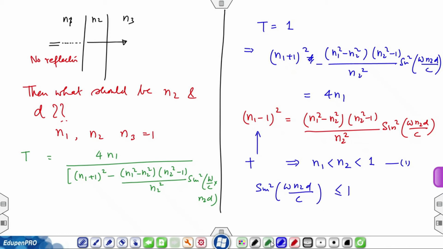And therefore, (n1² − n2²)(n2² − 1) divided by n2² should be greater than or equal to (n1 − 1)². Then only this will be satisfied. So, that is point number 2. And it is point number 2 that tells us what n2² should be. So, let us work that out.